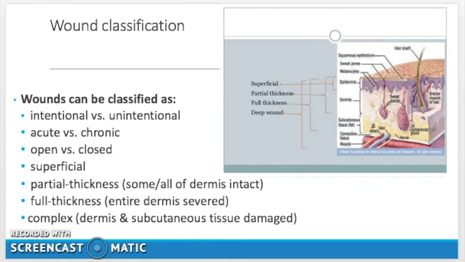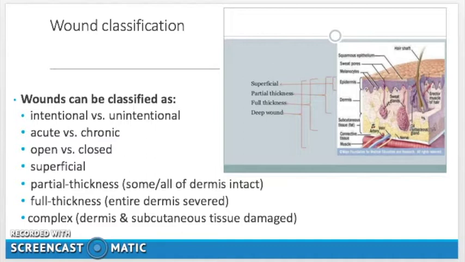Wounds are also classified as either acute or chronic. Acute wounds heal within days to weeks, and they move through the healing process quickly, whereas with chronic wounds, the healing process is impeded. The wound edges are usually not approximated, and often when the wound is chronic, it is remaining in the inflammatory phase of healing.